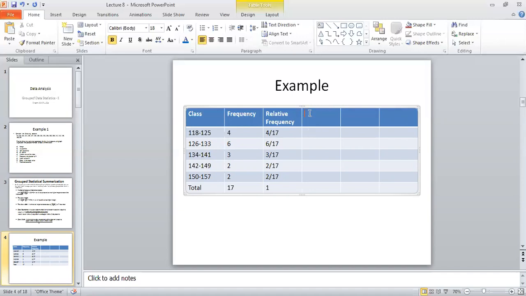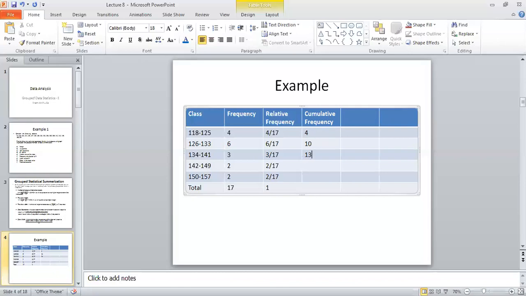The fourth column that we are going to add over here is the cumulative frequency. Cumulative frequency means summing up the class frequencies. The first class frequency that we had was 4, the second was 6, so 6 plus 4 makes it 10. The third was 3, and 3 plus 10 makes it 13.